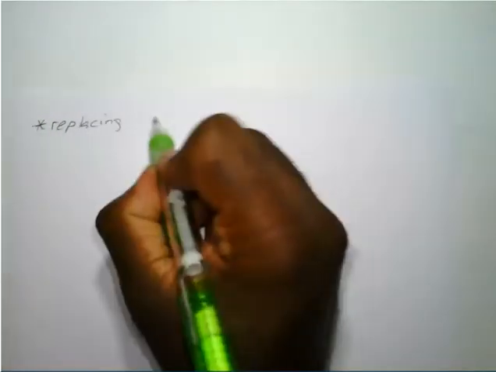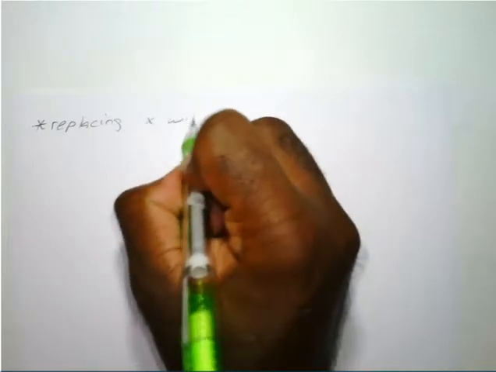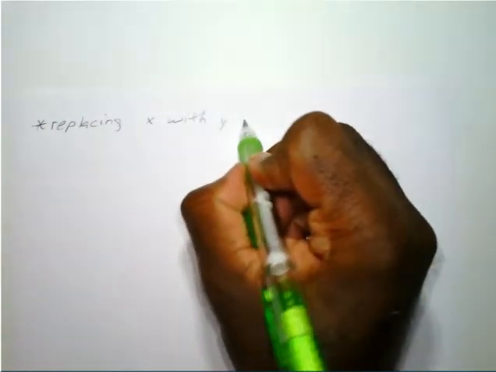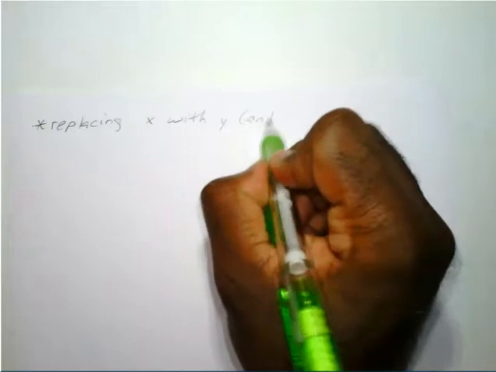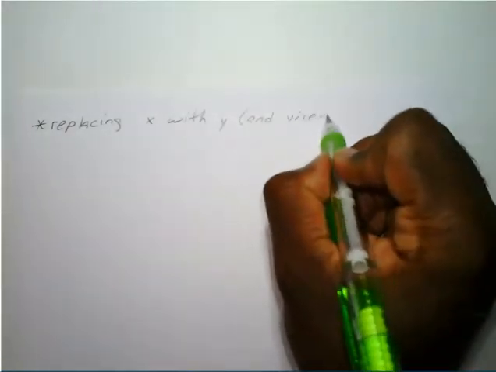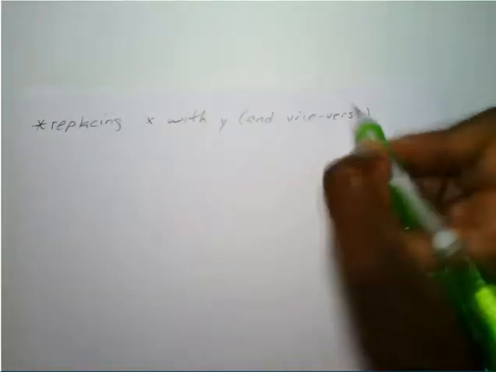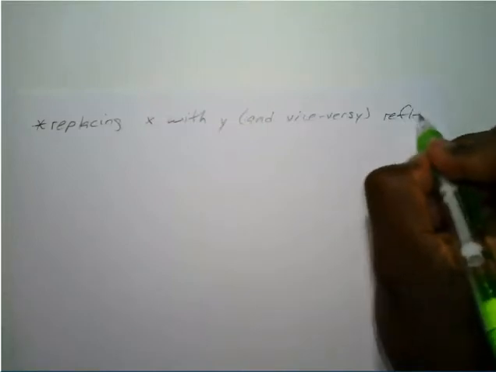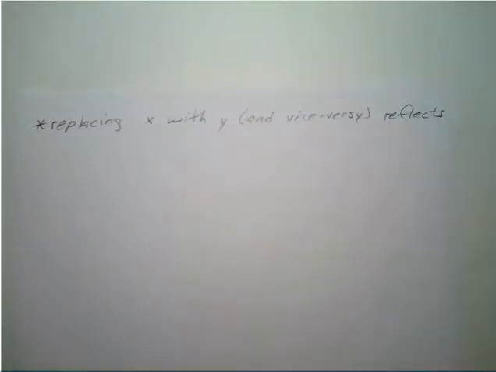Okay. Now, if we replace x with y and vice versa, replace y with x, it reflects a graph about the x-axis.